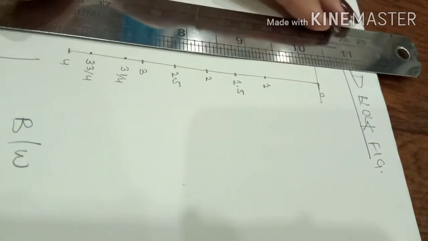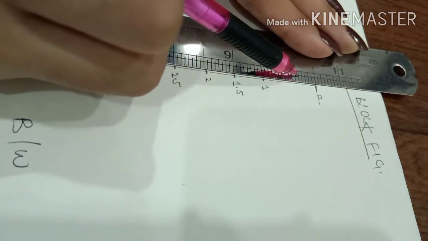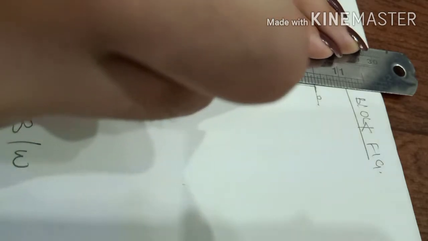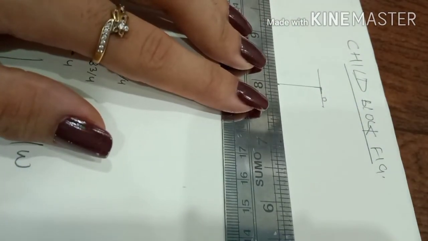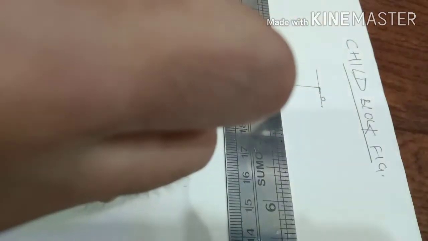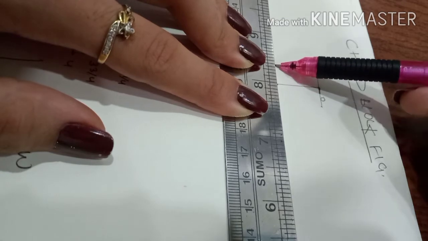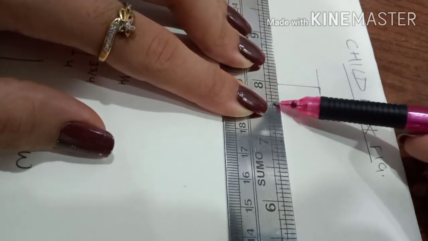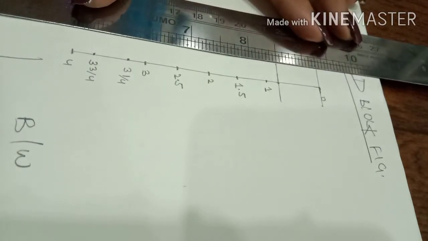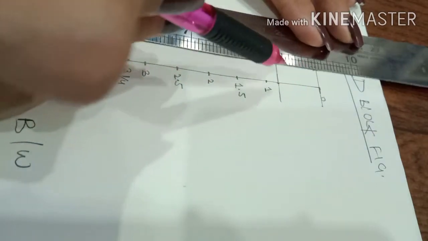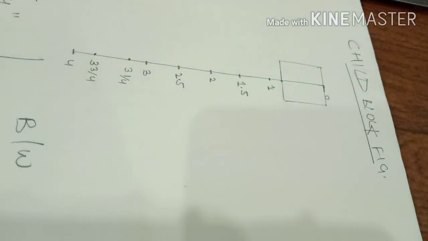Again, this is the width of our head, and the length is also 3 by 4, that is 13. So this is our head.